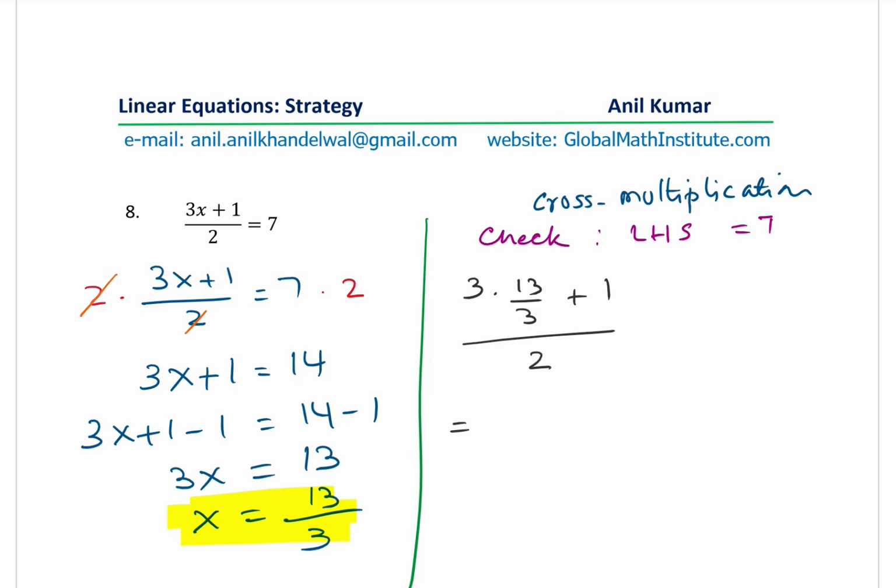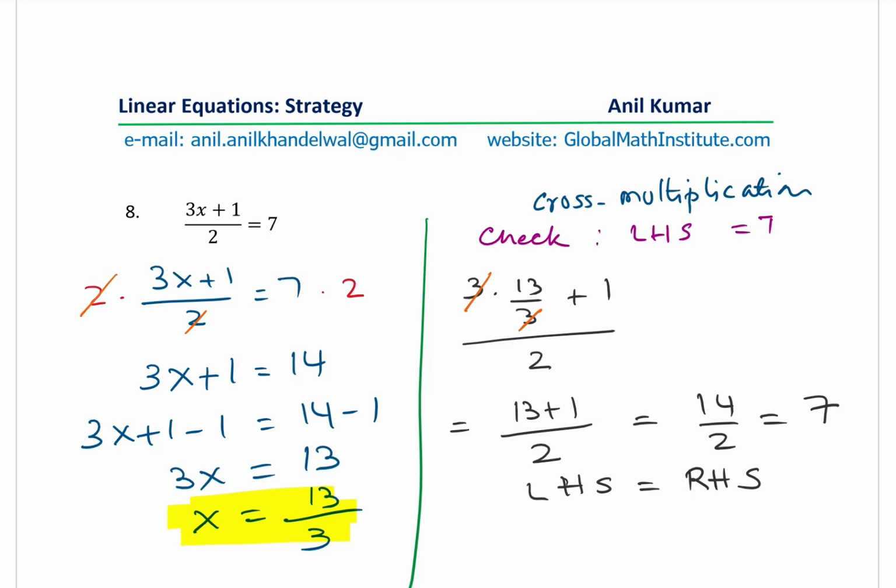And that gives you 13 plus 1 divided by 2, since this 3 cancels with the other 3. And so what we see here is 14 divided by 2, which is 7. So we have shown that the left hand side is equal to right hand side. Perfect. And that is what we call checking the result.